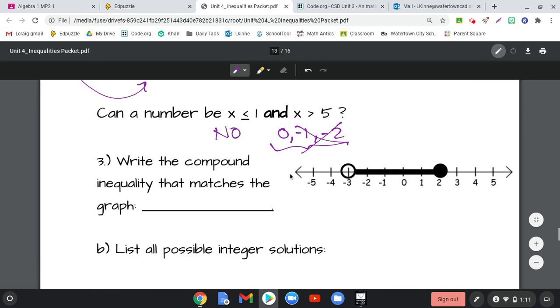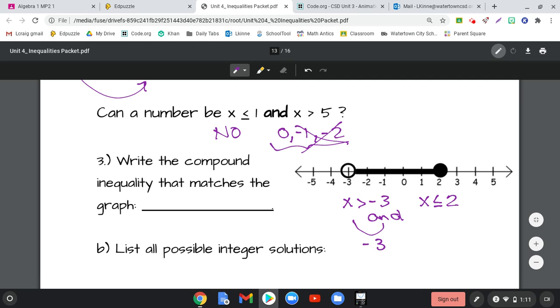All right, so let's write the compound inequality that matches this one. Remember, basically your x's are greater than -3, and they're less than or equal to 2. It's everything in between. So if I flip this one around so that -3 is less than x, and then I put this one next to it.